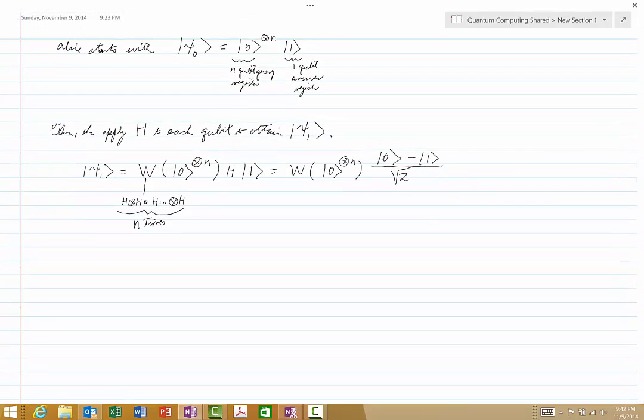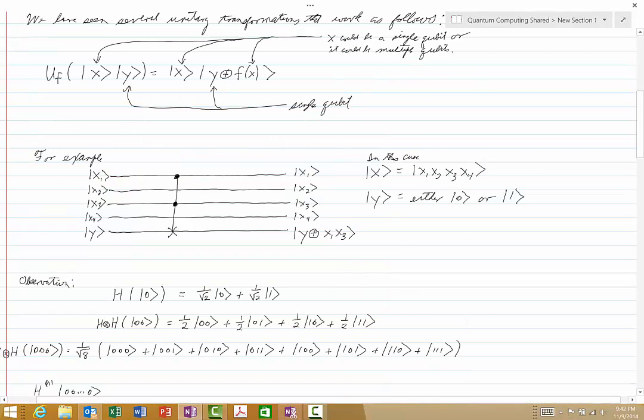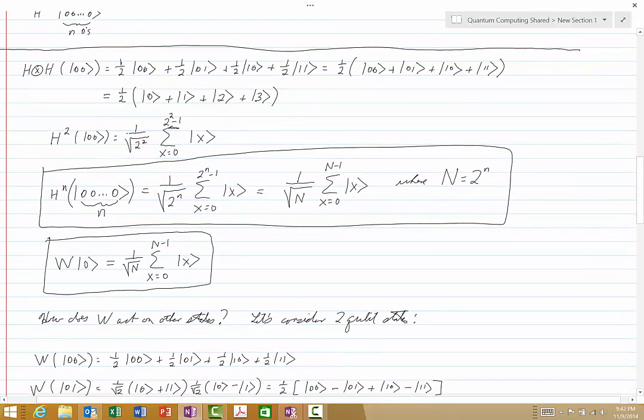So now all that remains, in order to get C1, is to evaluate W acting on this state, which consists of n zeros. But we have already done that. Let's see, I believe that this was in lecture 31. Let's go back here and see. And indeed, here it is, right here, W acting on 0, where 0 is understood to be n zeros.